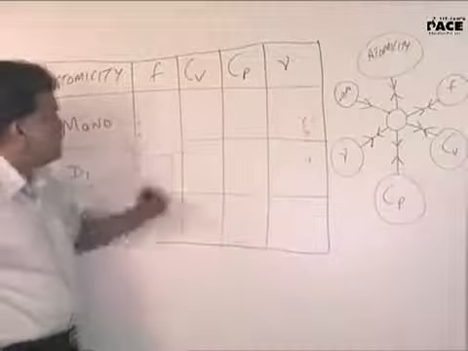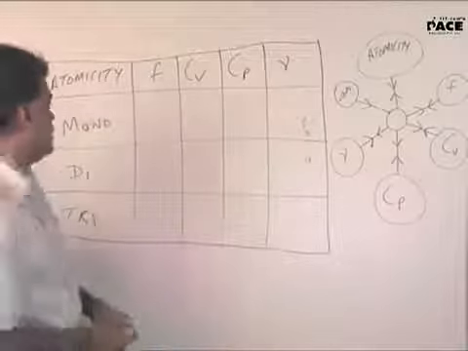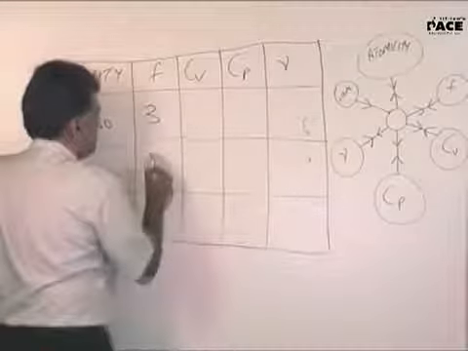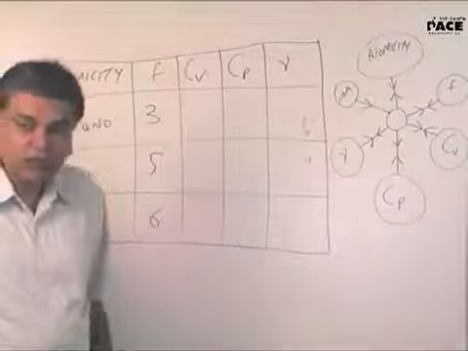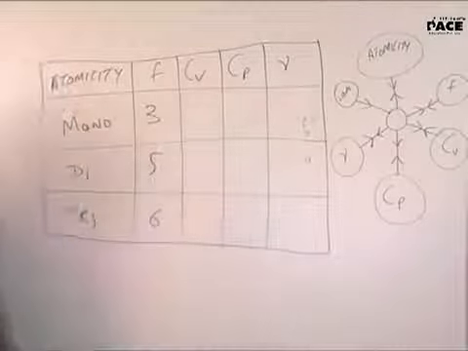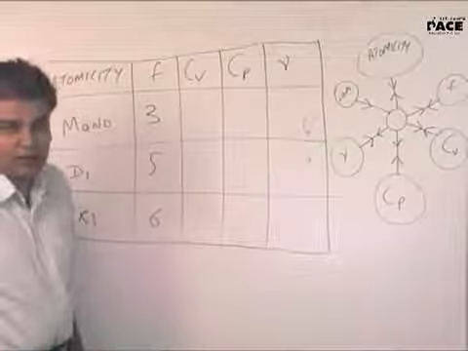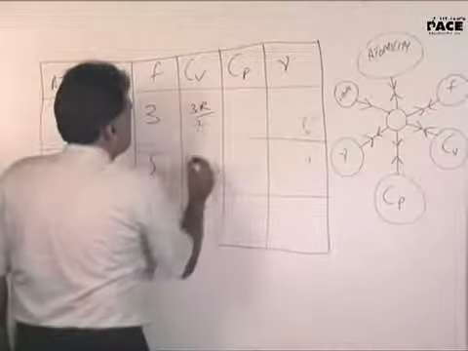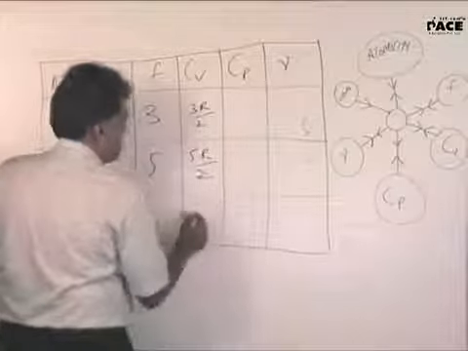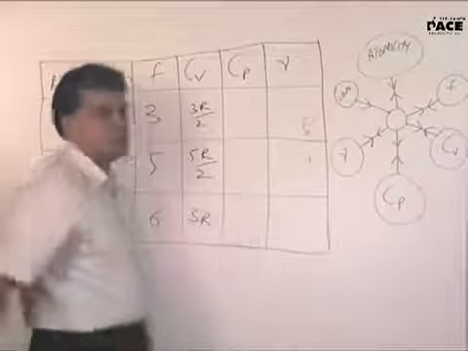So if we fill this in, this part we have anyway done already. 3, 5, 6. That's for the second column. The third column, Cv is F R by 2. So it will be 3R by 2, 5R by 2, 6R by 2 is 3R.